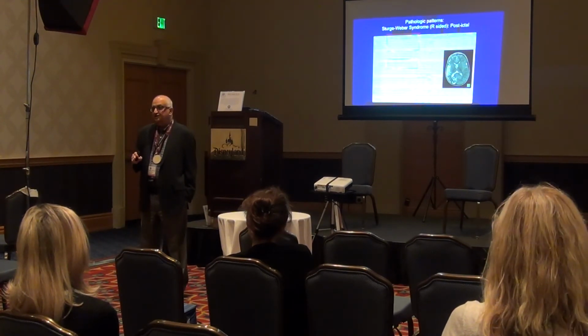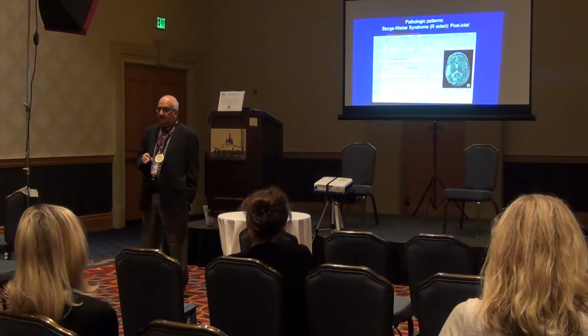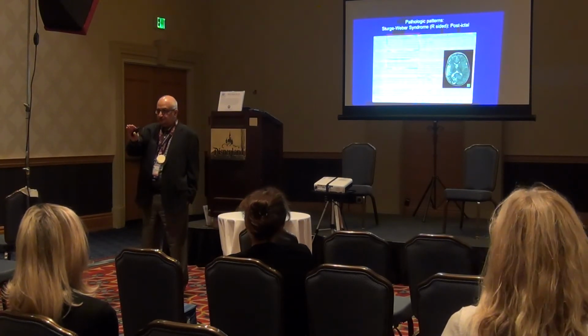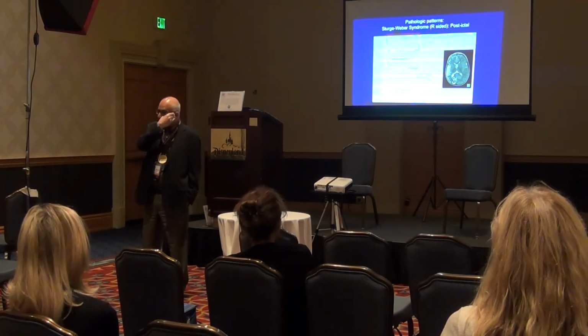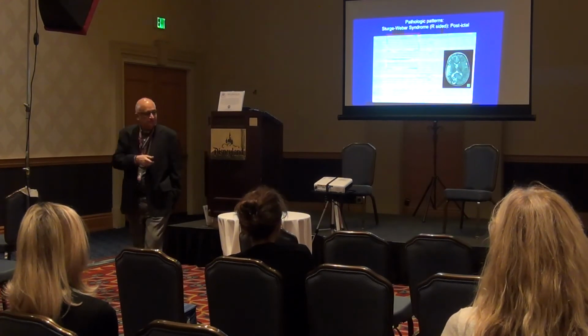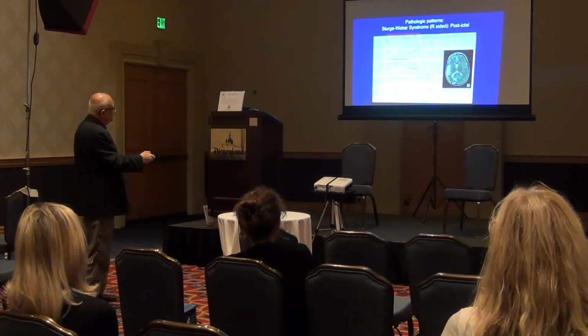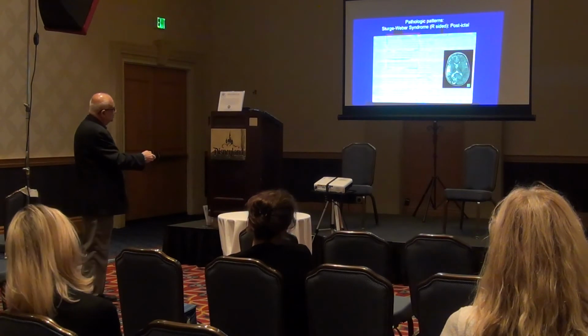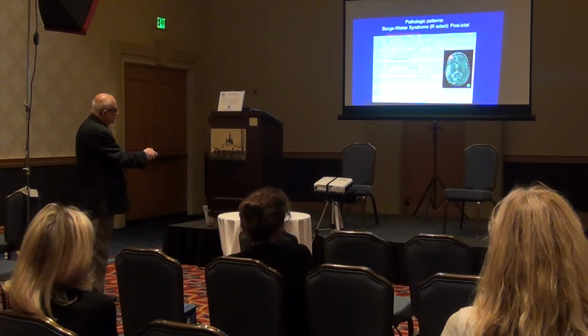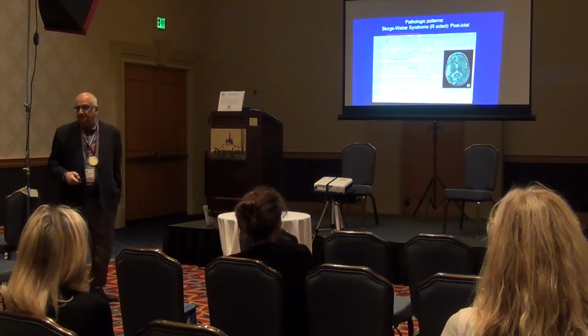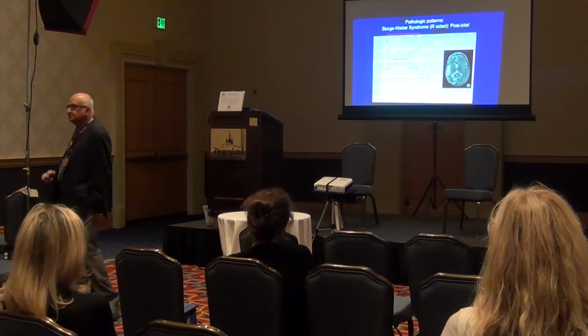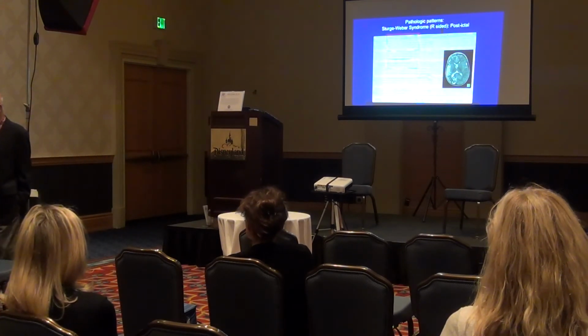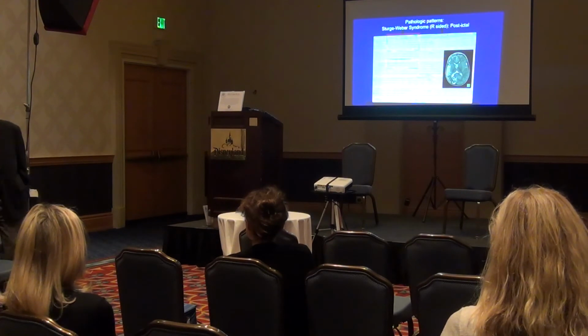Because you're looking at it as though I'm lying in the scanner on my back and my feet are towards you. So if it's on this side, that's my left side, right? So you see here, the left side looks okay, but you can see that the right side has a lot of atrophy. It looks funky, right? So that's Sturge-Weber. That person had one whole hemisphere affected.